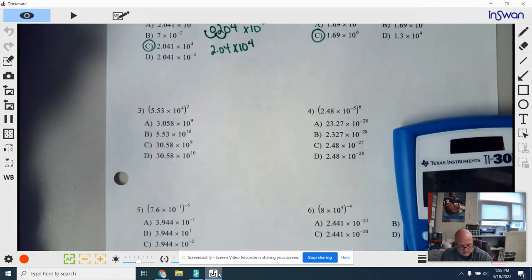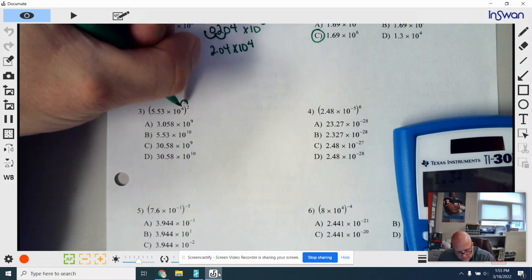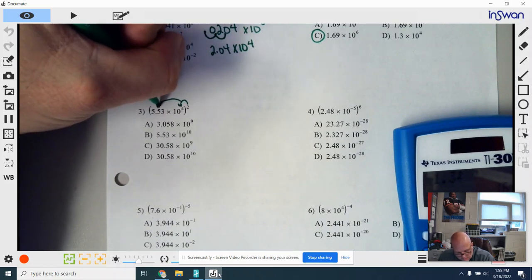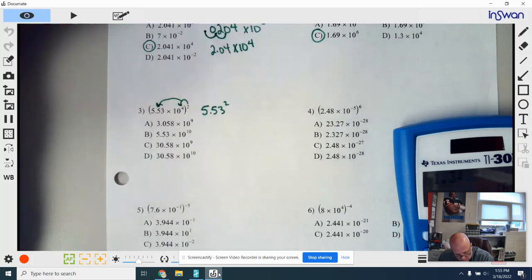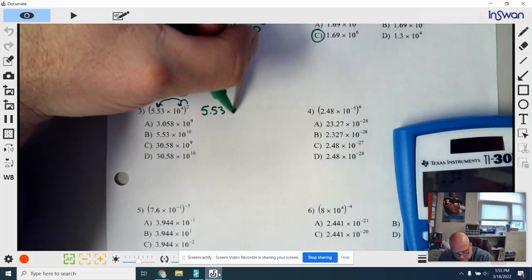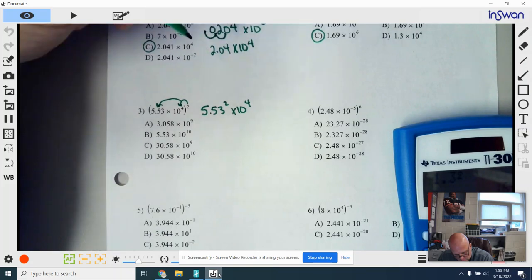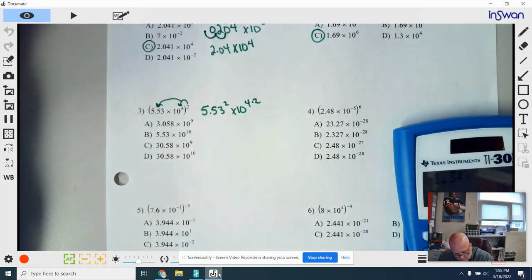Okay, number 3. Again, distribute. So we have 5.53 squared times 10 to the fourth. Now that's times 2.